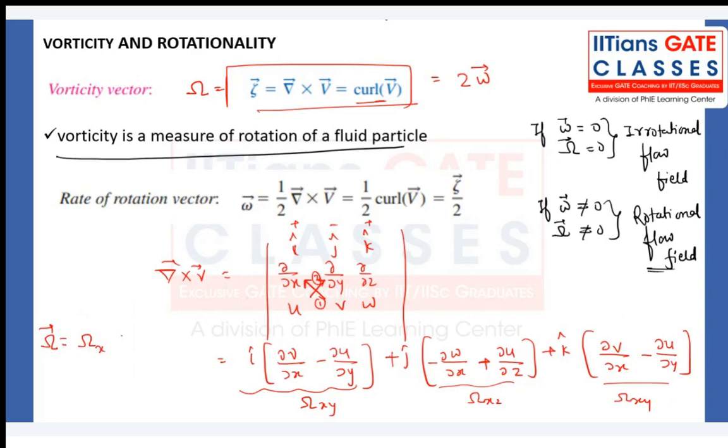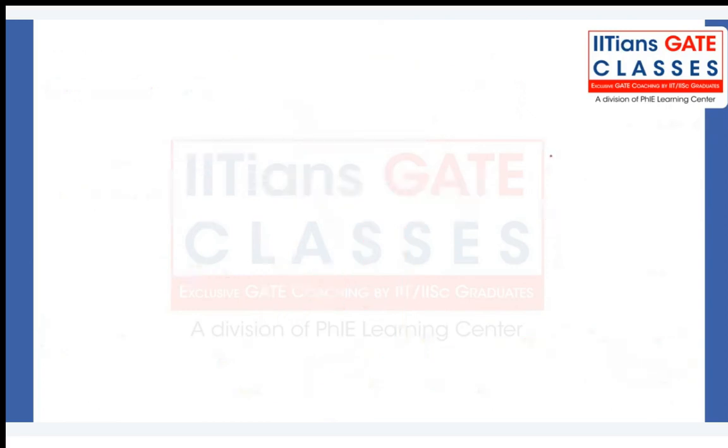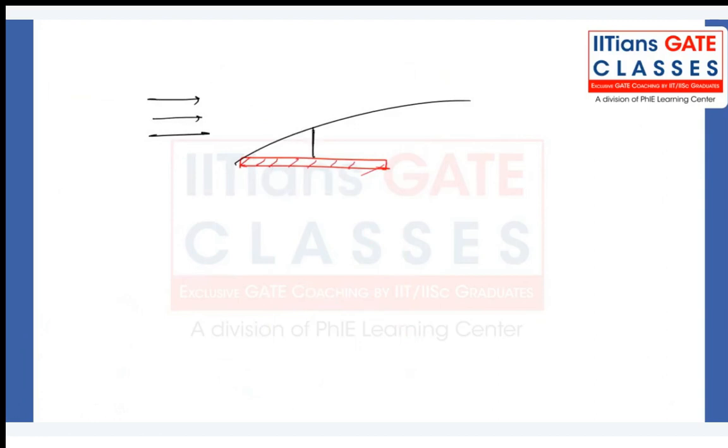When the fluid element is not able to rotate, that is an irrotational flow field, right? Just like outside the boundary layer. Suppose this is the flat plate, and you have the fluid particle traveling. You have a very thin region where the velocity gradient exists.